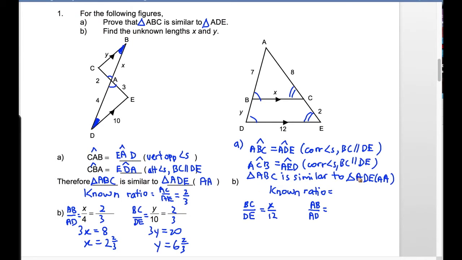And once we have proven that, again we find the known ratio from the pair of corresponding sides which are known, that is AC corresponds to AE. So AC over AE. AC is 8 and AE is 10. We reduce it to 4/5.